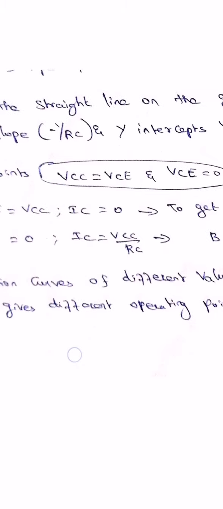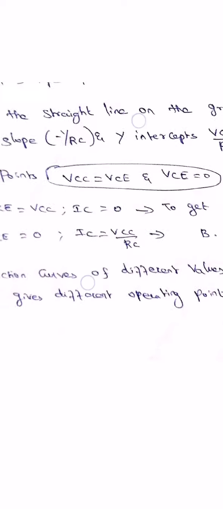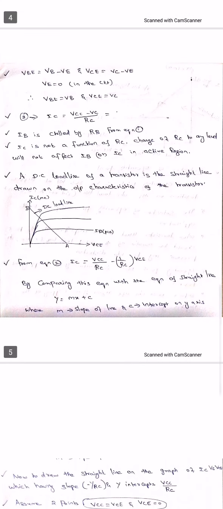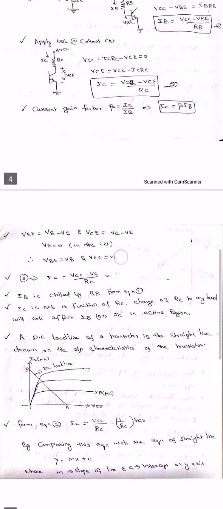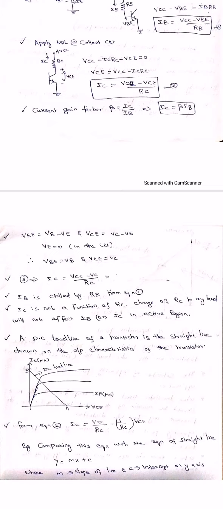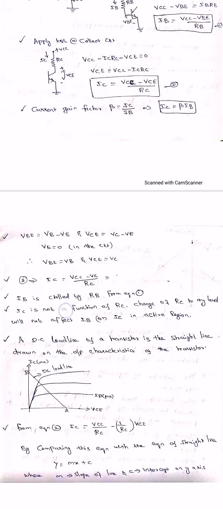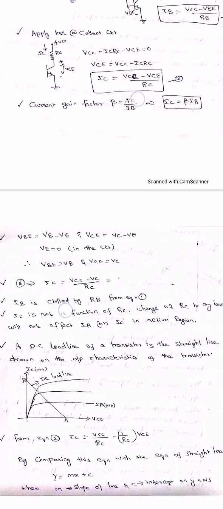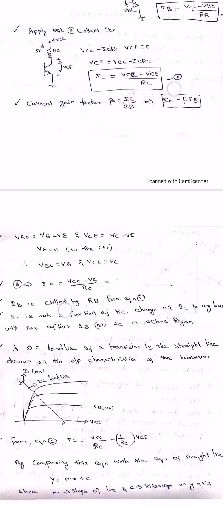Now apply the conditions into equation 2, that is the straight line equation. So equation 2 is IC equal to VCC minus VCE by RC, right? So the first condition is VCC equal to VCE. Substituting VCC equal to VCE, the numerator becomes 0, so IC is equal to 0. So for the first condition, the value of collector current is 0.